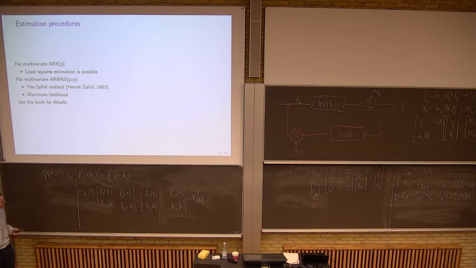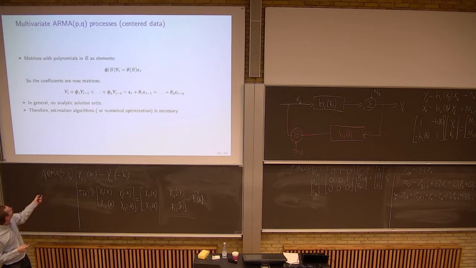Let's demystify. Each time you have a coefficient here, how many parameters does a bivariate AR1 model have? Let's start with that one. You have a matrix here, right? It's a 2 by 2 matrix. So you have 4 coefficients there.